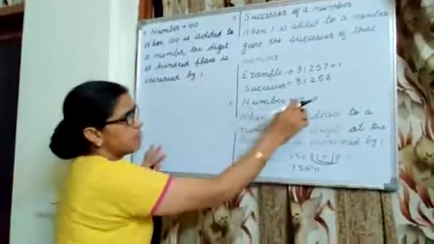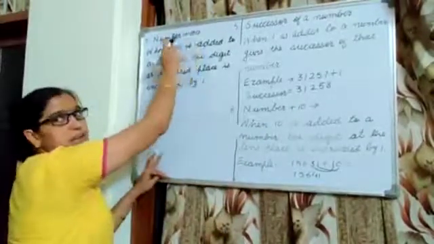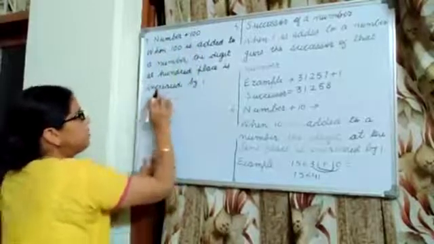Here tens place means tens place digit, and here hundreds place means the hundreds place digit will be increased by 1.